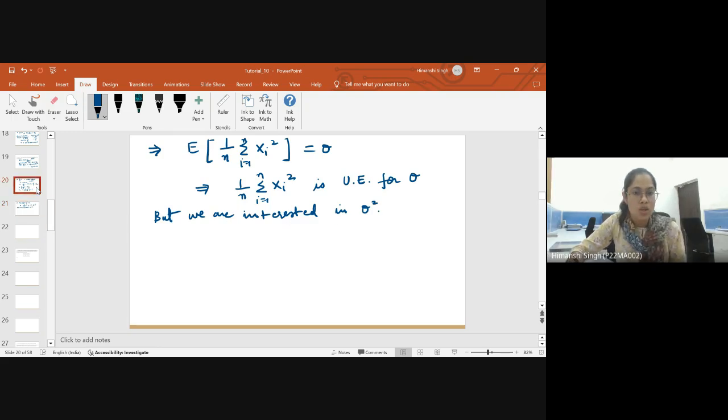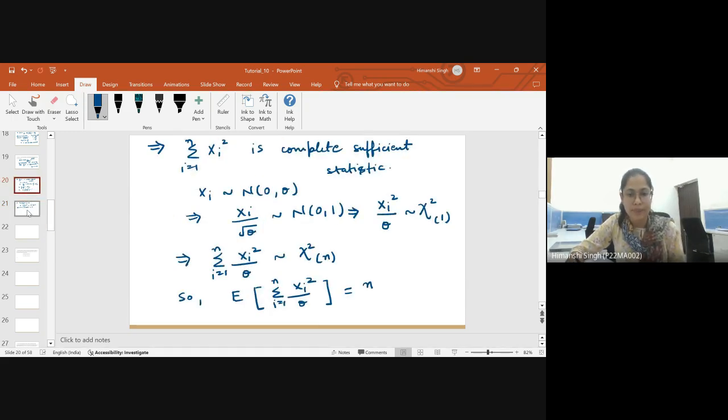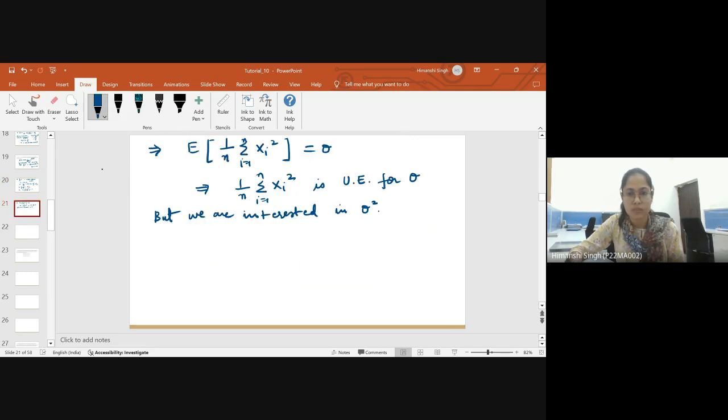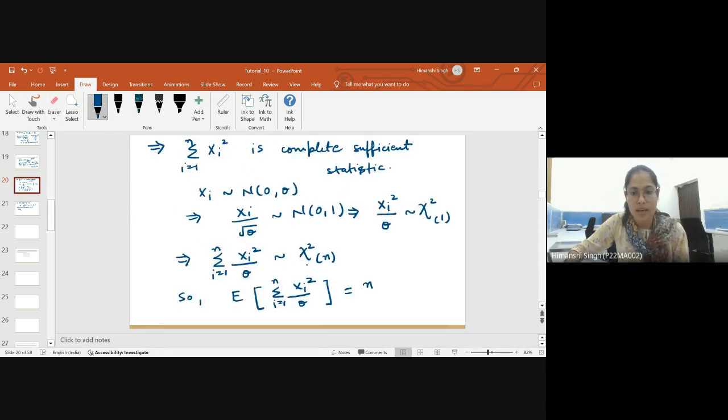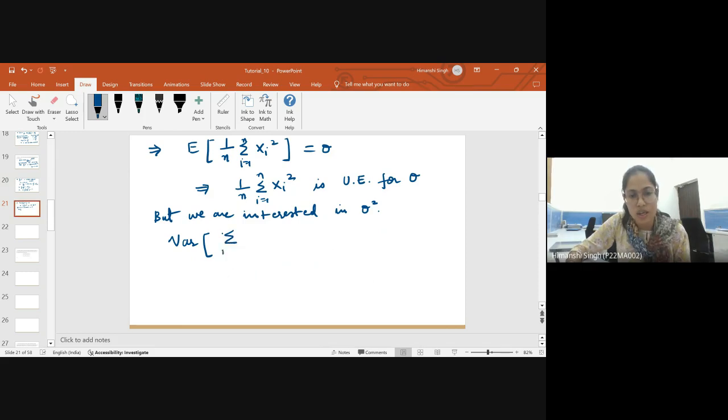So what will we consider for that? We'll consider the variance of this quantity. Since summation xi square by theta follows the chi square n, the variance of summation i going from 1 to n of xi square by theta will be 2n, because it follows the chi square distribution with n degrees of freedom.